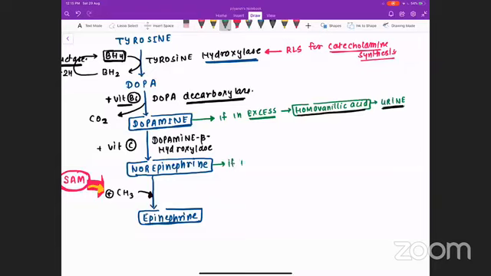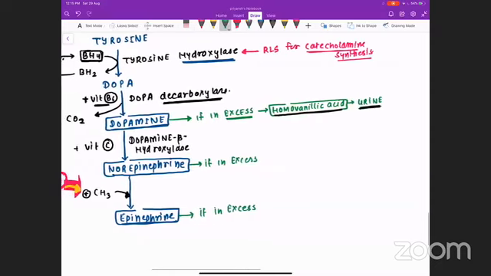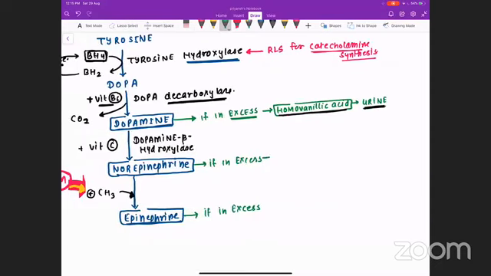if norepinephrine is in excess or epinephrine is in excess, if there is an increased amount of norepinephrine, it can convert into a molecule with the name of normetanephrine. Or if there is an excess amount of epinephrine, then it will convert into metanephrine.